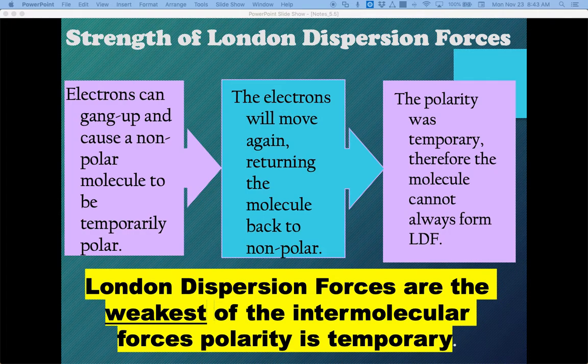You only see each other on breaks, you only talk to each other every now and then, and just overall it's just a very weak relationship and you don't stick together very long. Same is true with London dispersion forces. Because they're temporary, these molecules don't stick together for very long.